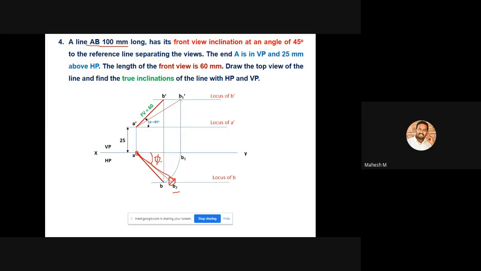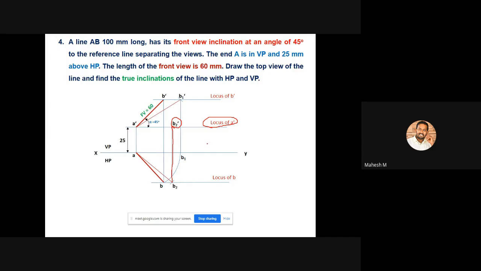Okay, so this is our problem, and you can check your problem. There is a checking procedure for this. You can project a vertical line from the point B2 up to the locus of A dash, and mark this point as B2 dash.